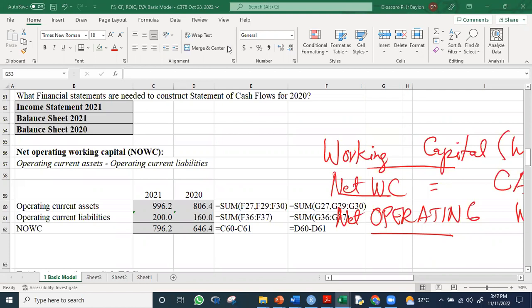So these are the formulas of these cells. This is 2021 and this is 2020.